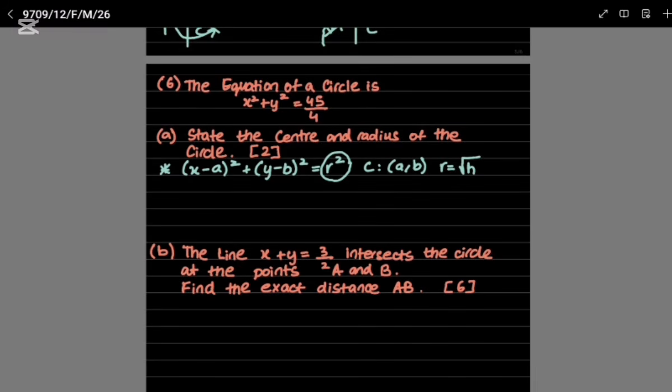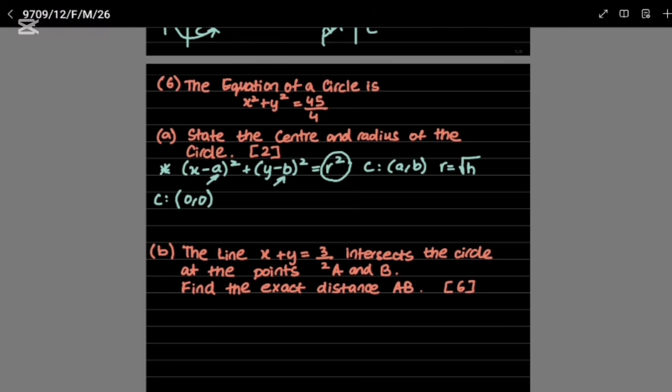Over here, we can see that there's nothing like a or b. It's just x squared plus y squared, which means that whenever it's x squared plus y squared, the center is the origin, (0, 0).